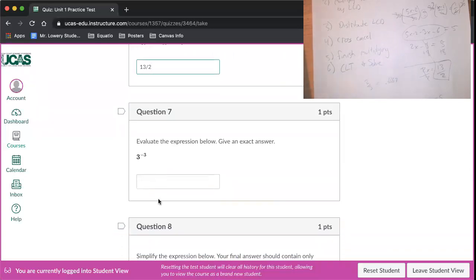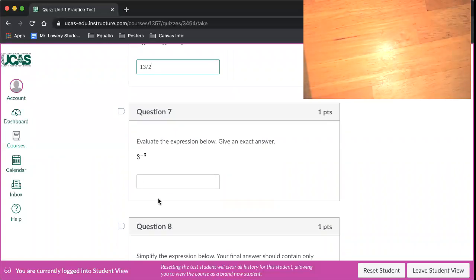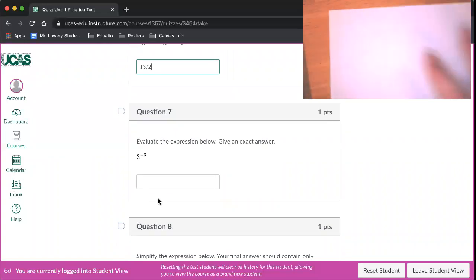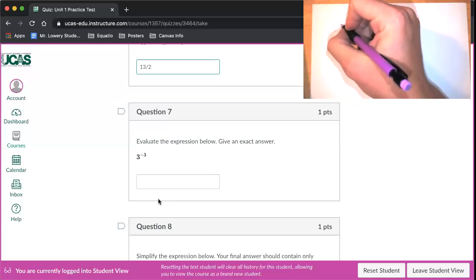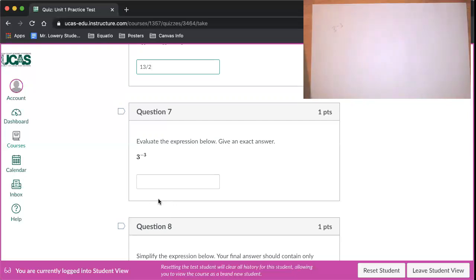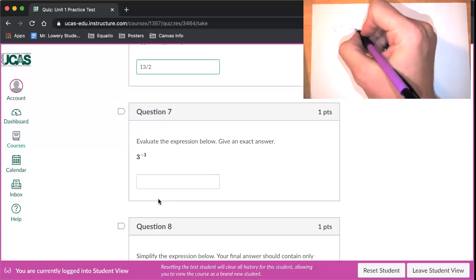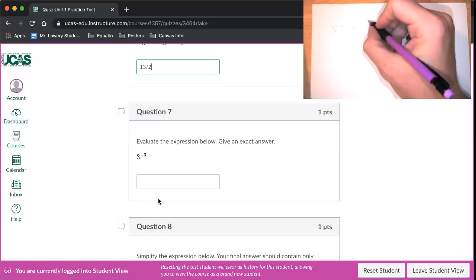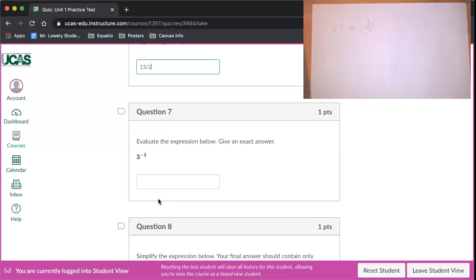All right, this guy just goes back to the negative exponent property, okay? So evaluate, the word evaluate means give me a value. Your answer should be a number, okay? So 3 to the negative 3, well, first of all, we don't want any negative exponents, okay? That's not simplified. So if we change this, we know that this is 1 over 3 to the 3rd, right?